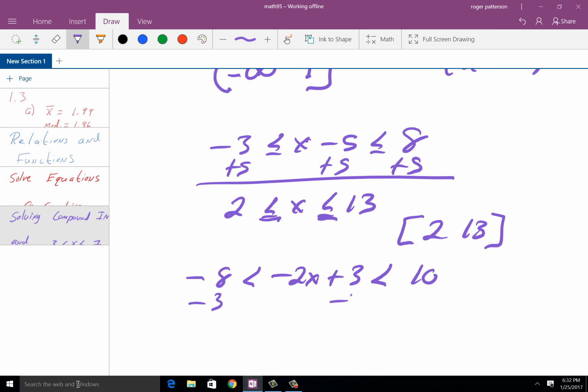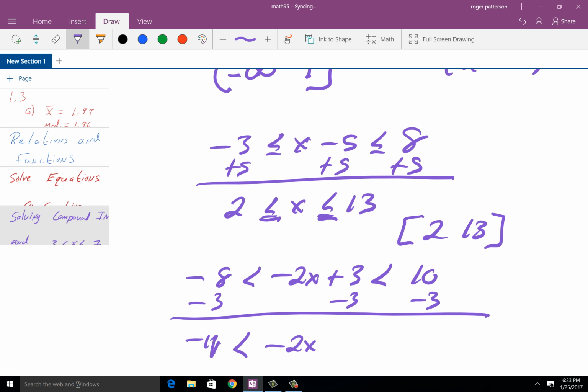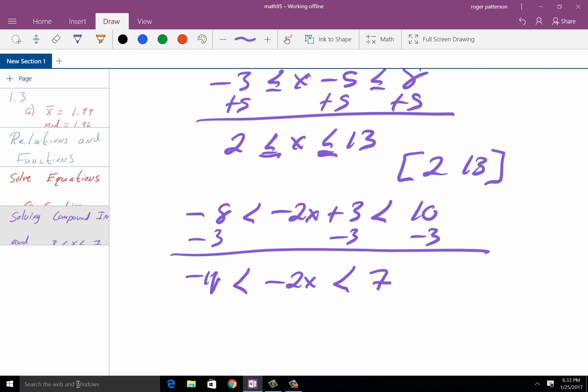So I'm just going to subtract 3 from the whole thing like that. This is an 11. Kind of messed up on me there, the pen did. Okay, then what? Yeah, so now I'm going to divide by -2.